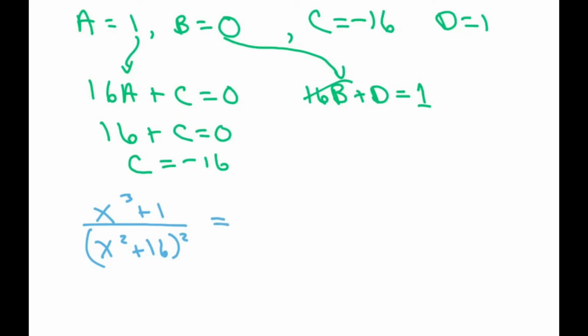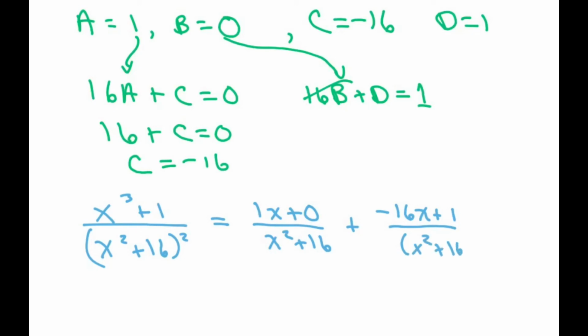We're going to get my a, which is 1x plus b divided by x squared plus 16 plus negative 16x plus 1 over x squared plus 16 squared. Now I want to just straighten this up a bit. We don't need the 0 here, and we don't need the 1. So basically, this would be your final answer.